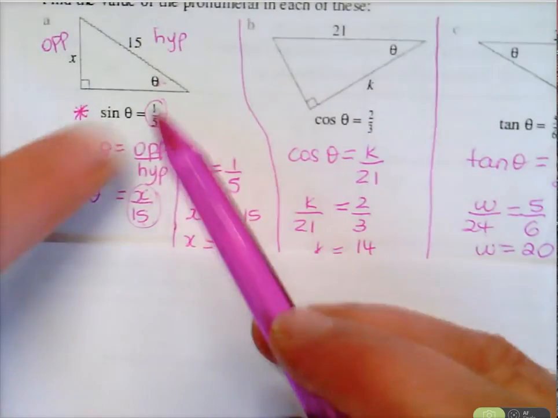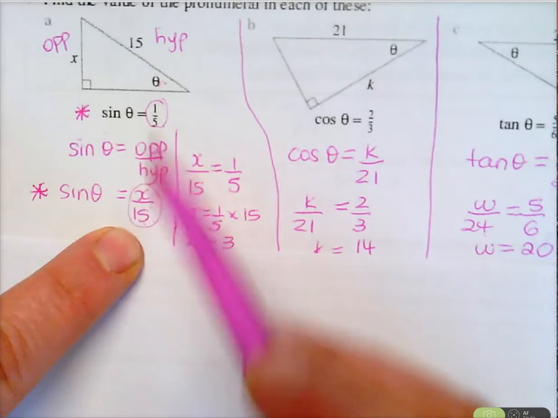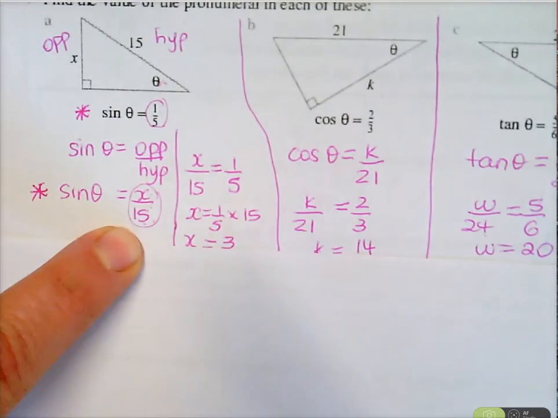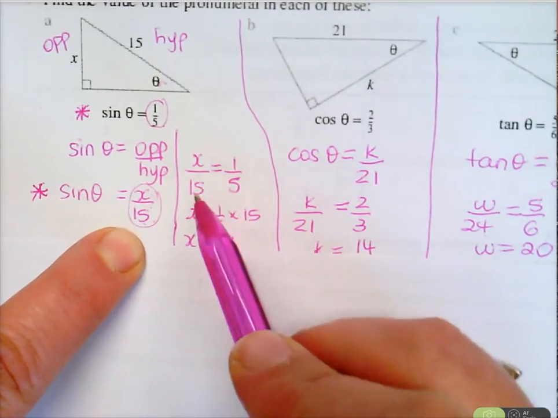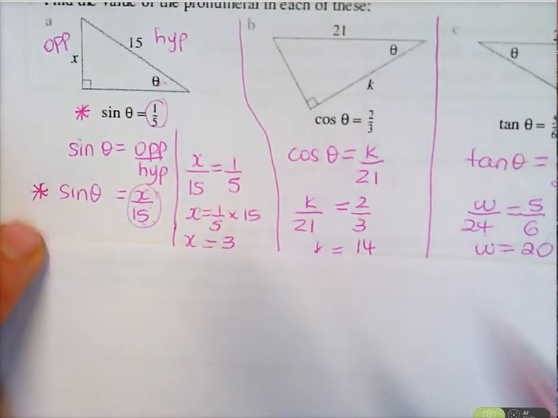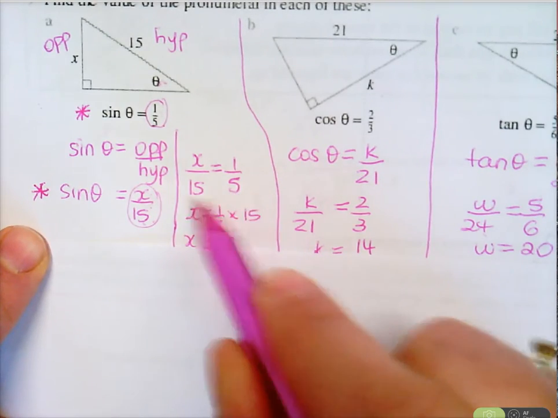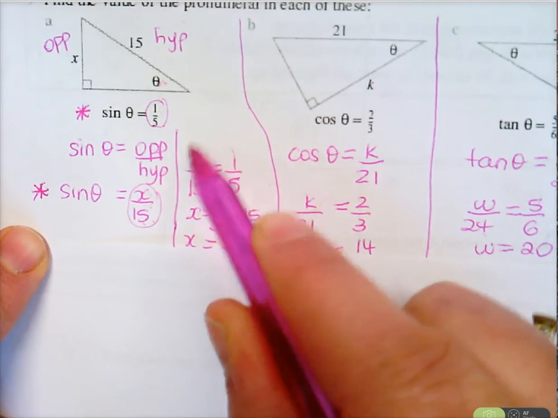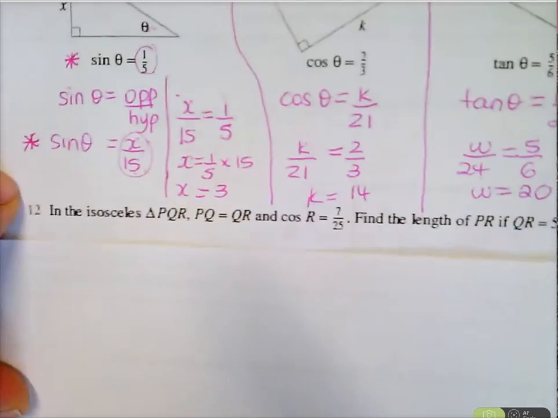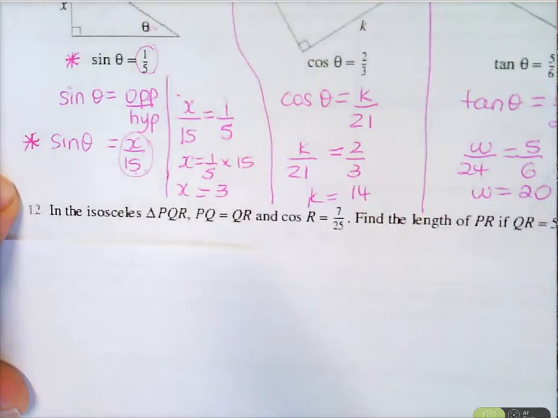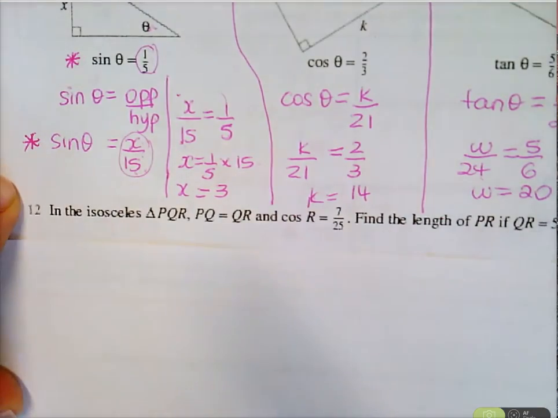Both equal sine theta. So we set up the equation x over 15 equals 1/5, and you can just do it by looking. 5 times 3 is 15, 1 times 3 is 3. Or x divided by 15, the opposite of divide by 15 would be to times by 15. So x would be 3.